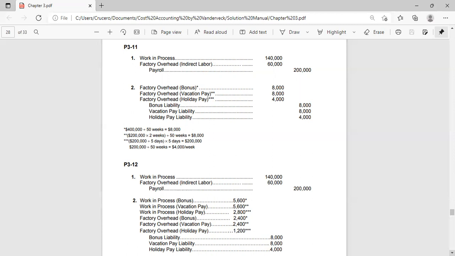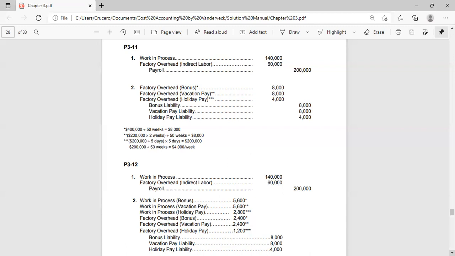Then 200,000 times 2 weeks divided by 50 weeks is 8,000 for the vacation pay. And for the holiday pay, we get 200,000 divided by 5 days times 5 days, which is still 200,000. We divide it by 50 weeks, so it's 4,000 per week.